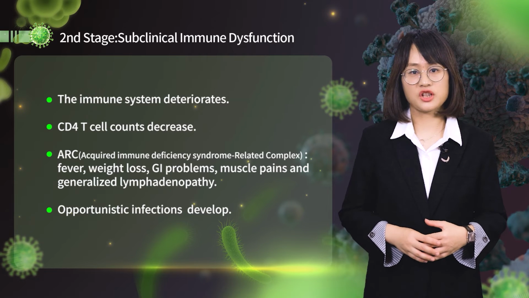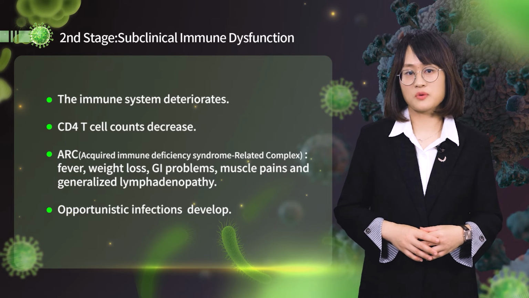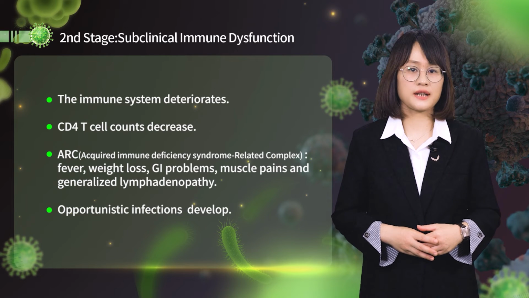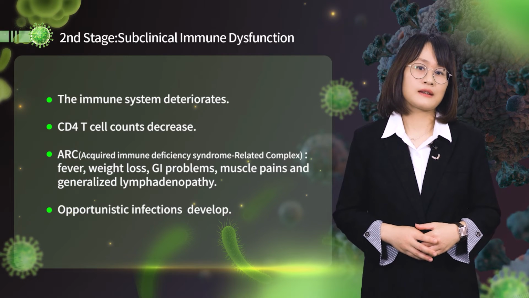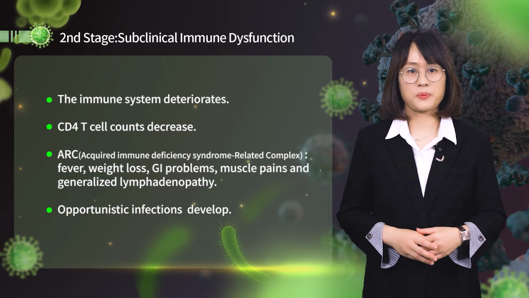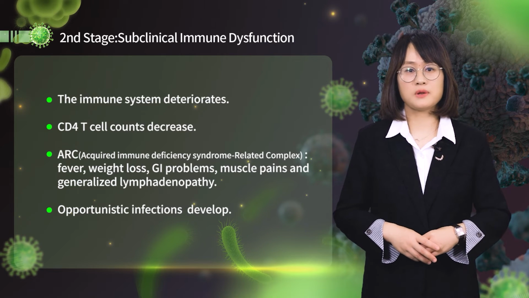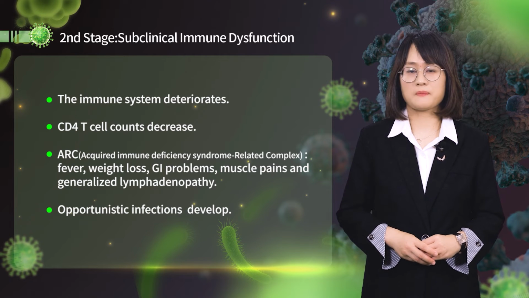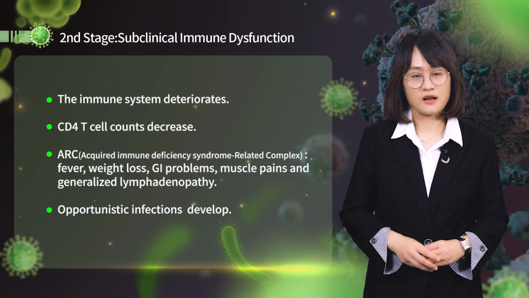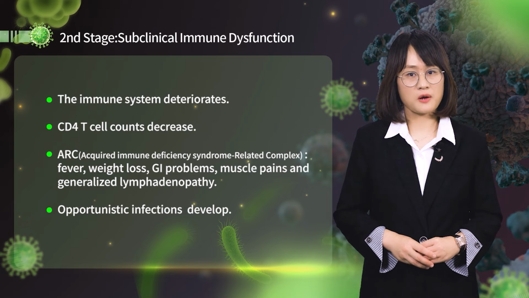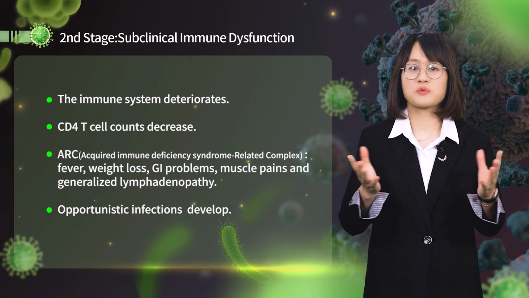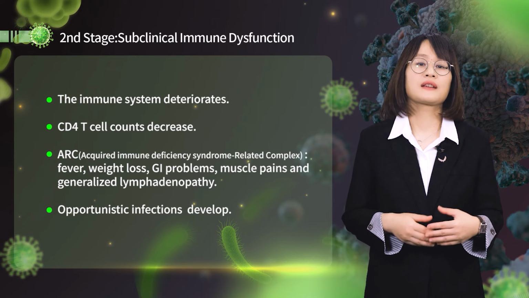The second stage is subclinical immune dysfunction with CD4 T cell counts continuing to fall. The individuals may present with AIDS-related complex symptoms such as fever, weight loss, GI problems, muscle pains, and generalized enlargement of lymph nodes.